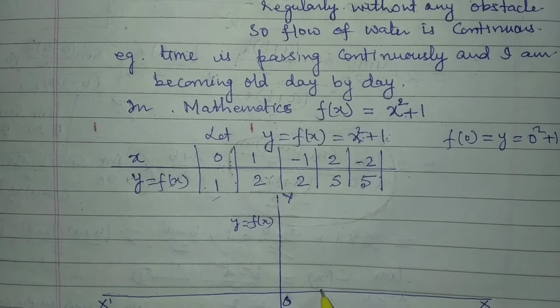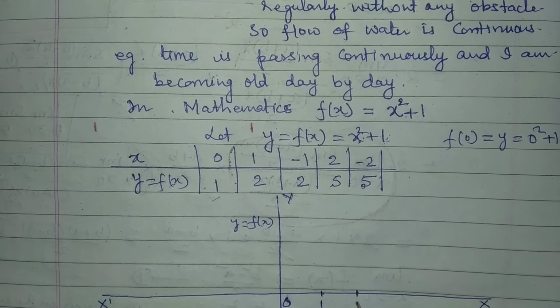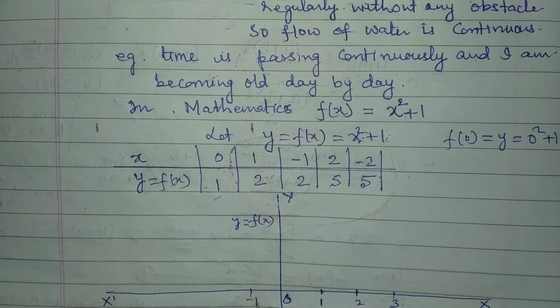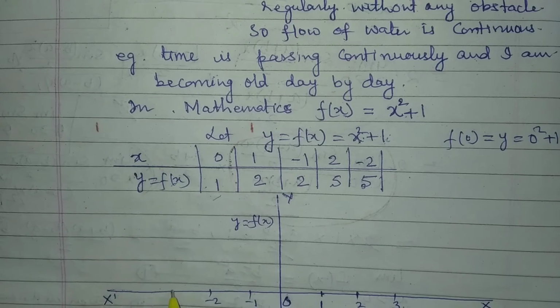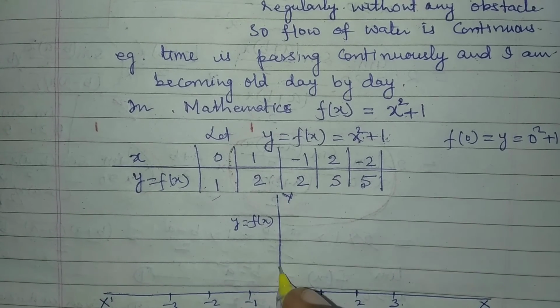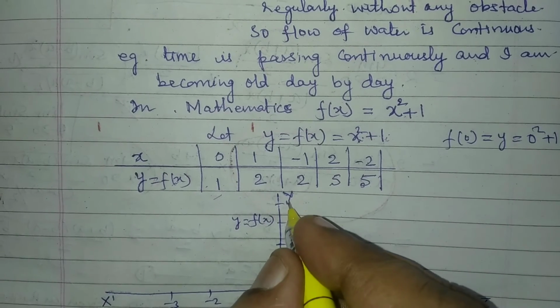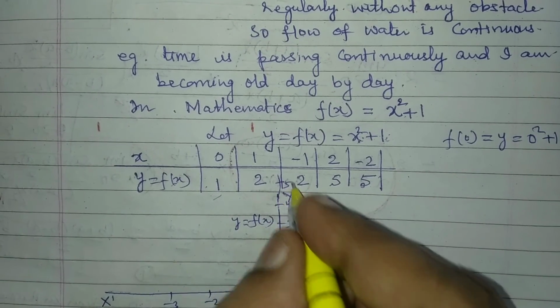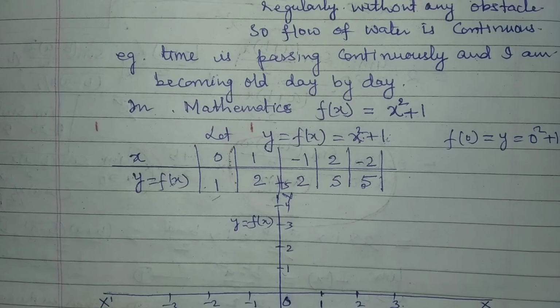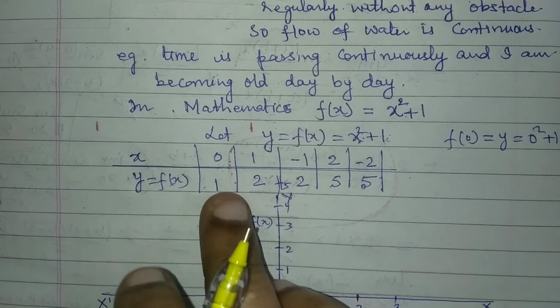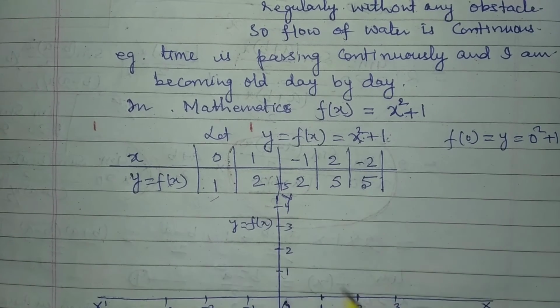Suppose this is 1, here is 2, and here 3, and then minus 1, minus 2, minus 3, and so on. So here is 1, 2, 3, 4, and then 5 will come. Here is always positive coming.